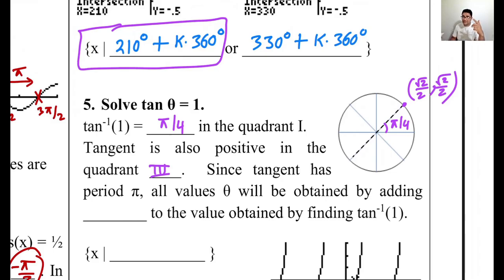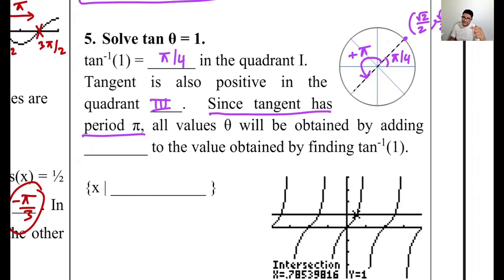It is the ratio of y and x. In the third quadrant, both are negative. So the ratio is again the same, positive 1. But how do I get from pi over 4 to the same value here? We added another pi, right? And that is in fact the period of the function tangent.